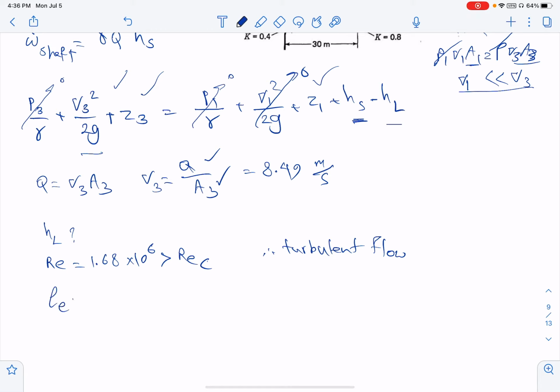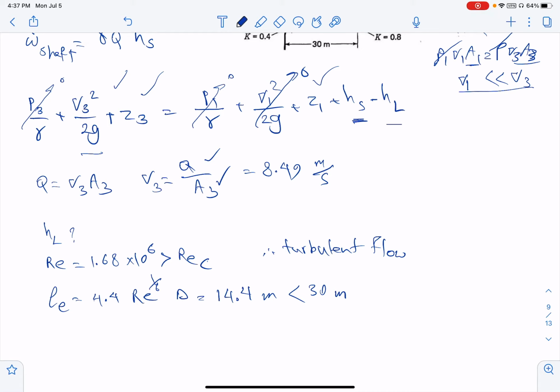The formula is L equals 4.4 times the Reynolds number to the one-sixth times the diameter, and the length that we get from here is 14.4 meters, which is less than 30 meters.